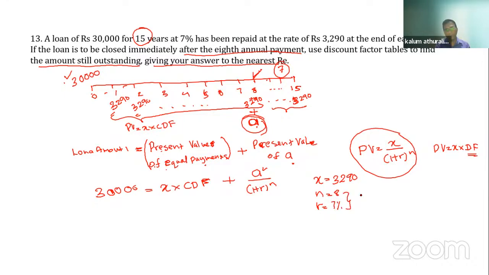Now you can find the CDF for N equal 8 and R equal 7%. The CDF is 5.971. Is it correct?